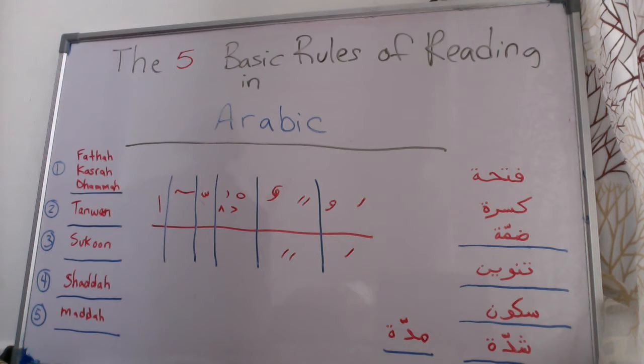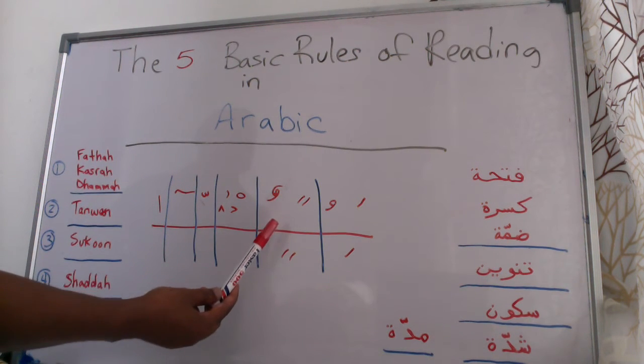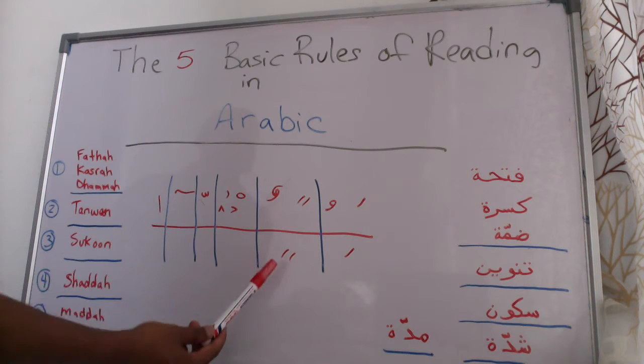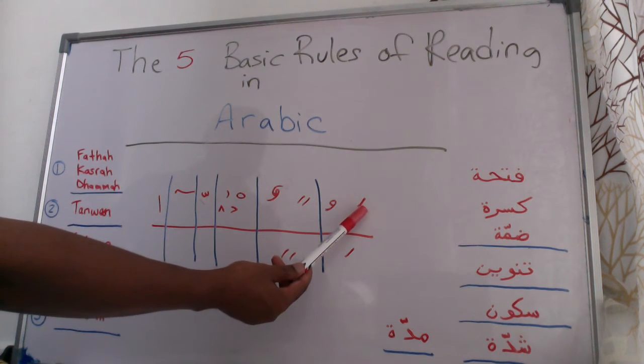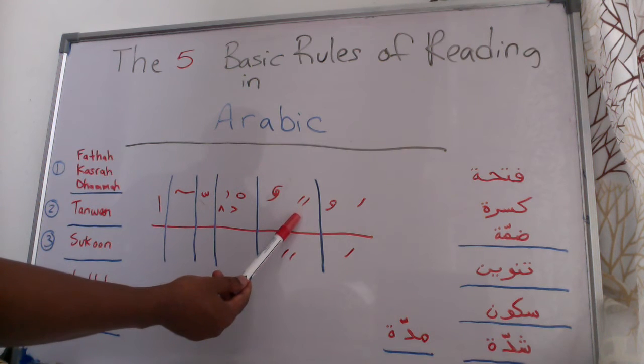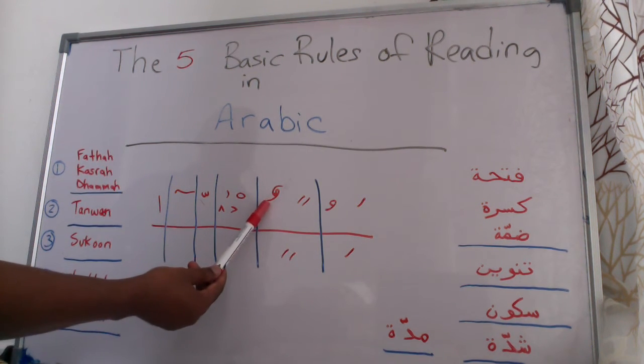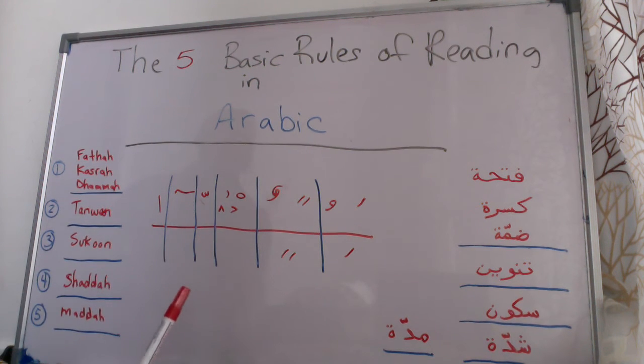If you want to say, for example, a boy, meaning any boy, then you get the same meaning as in English. We call it fathatain, which is two fathas. This is actually two kasras, and this is actually two dhammas. So these are your indefinite articles, like in English.